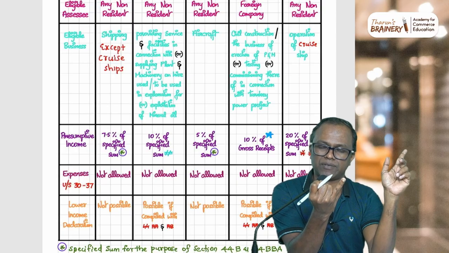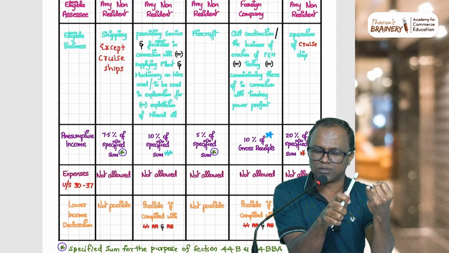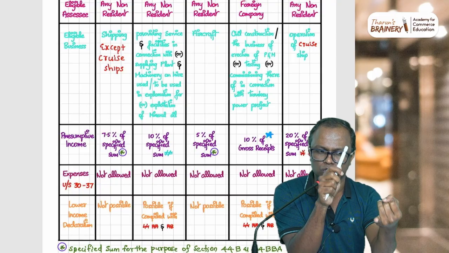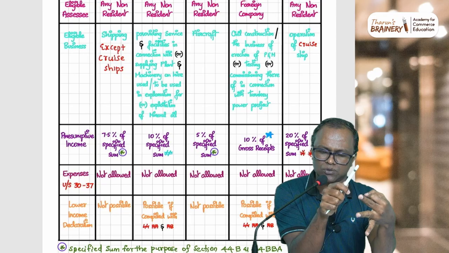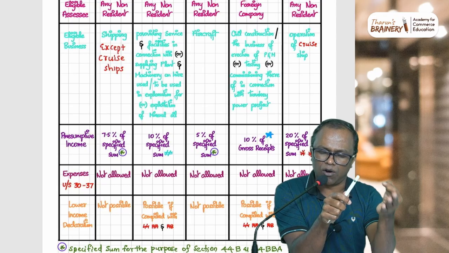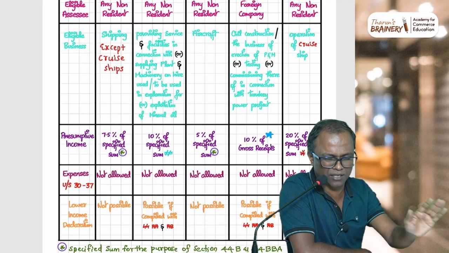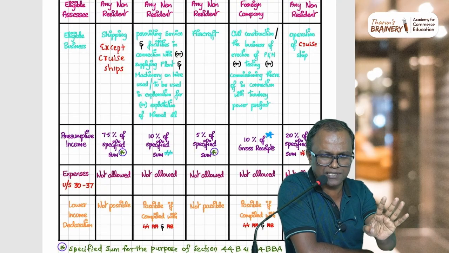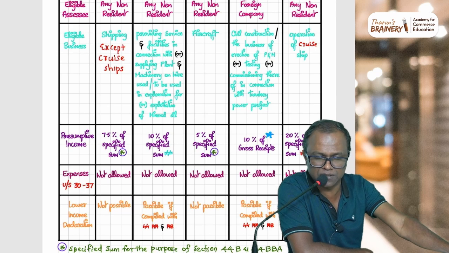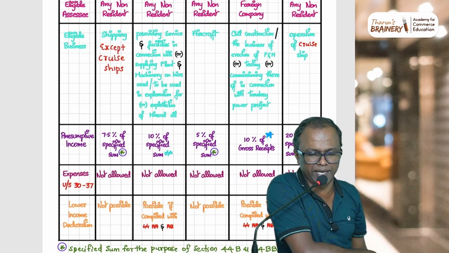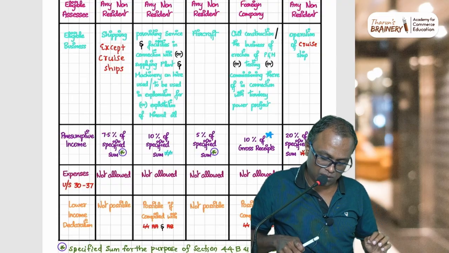That's connected to 115A, net basis taxation of royalty and FTS, provided the non-resident has a permanent establishment in India, books are maintained there, and the agreement is approved after 31st March 2003. If all these conditions are satisfied, net basis income from royalty and FTS is taxable at a normal rate. If any one of these conditions is not satisfied, 115A applies, gross basis taxation at 20%, but that will be subject to DTA. So these are the presumptive provisions regarding non-resident taxation.